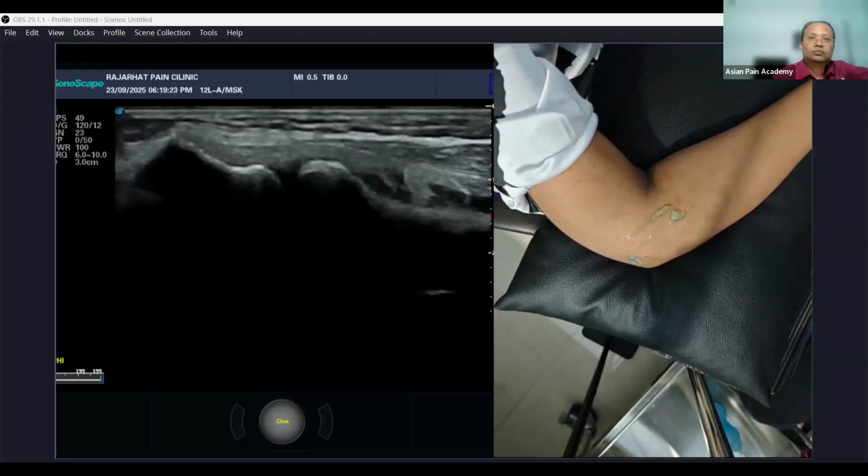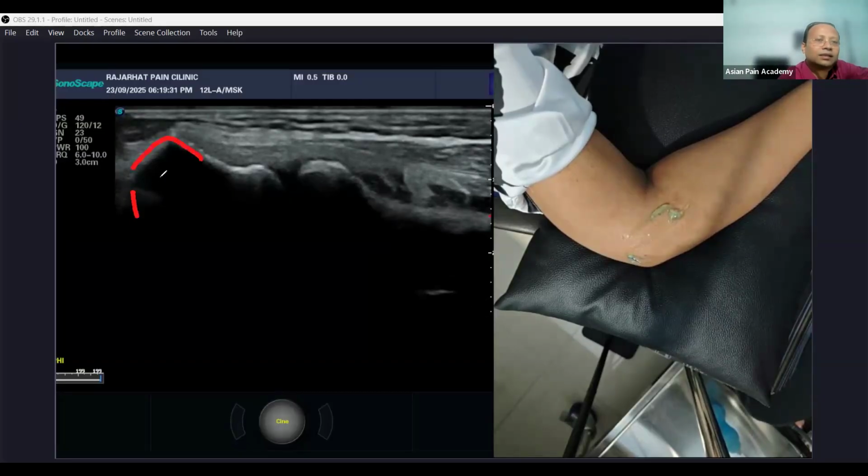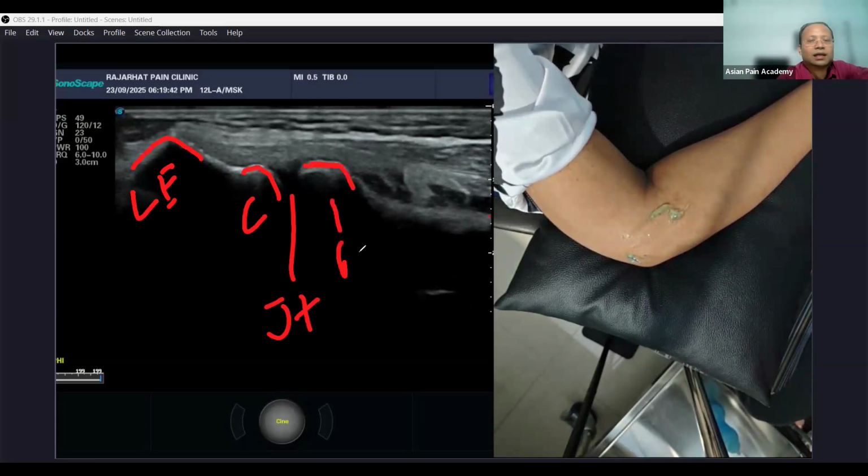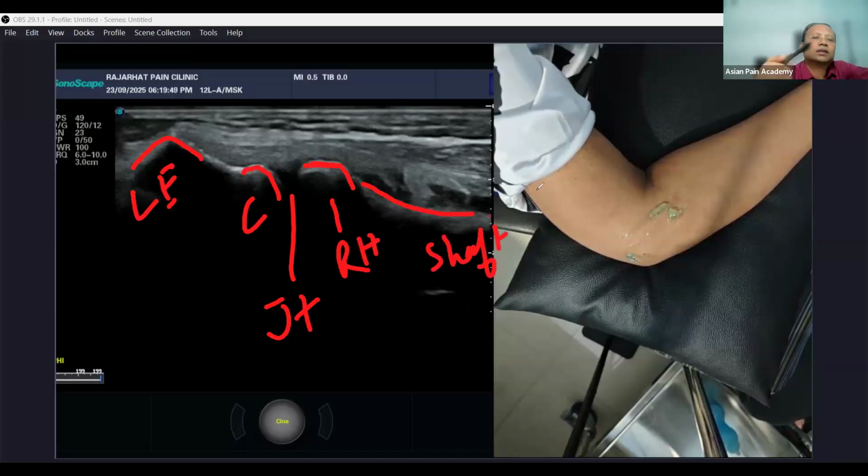This is the lateral epicondyle. This is the condyle. This part is joint. This part is radial head. Of course, this is the radial shaft.